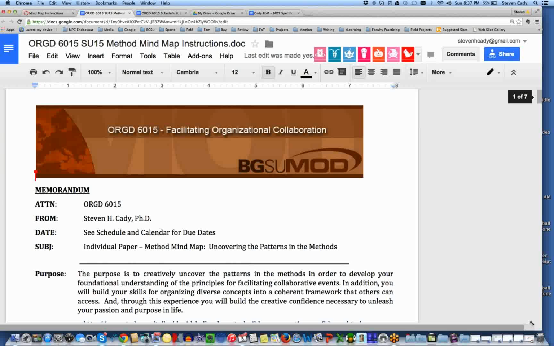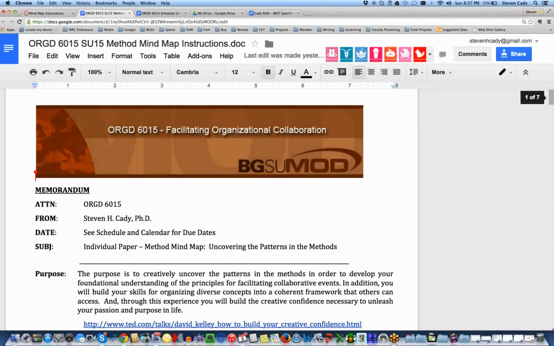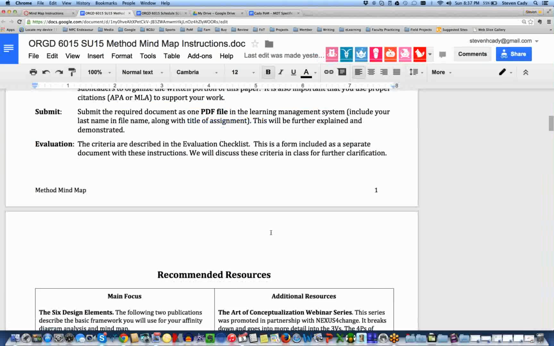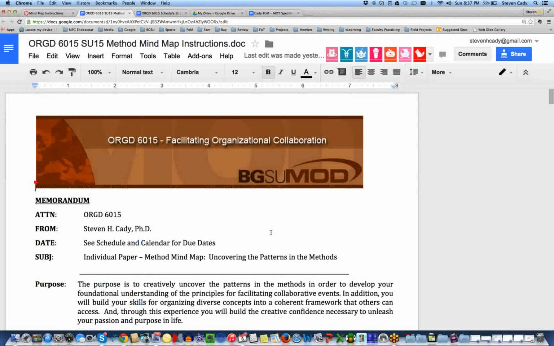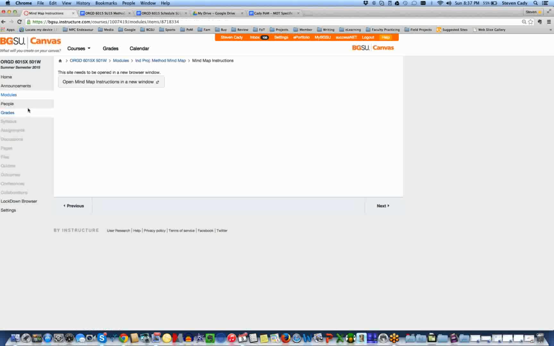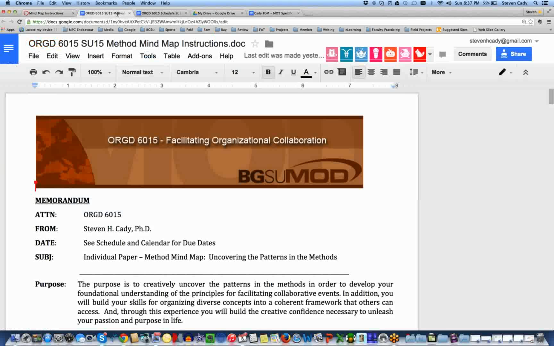The assignment, I want to preface it by saying it is a situated learning experience. And so when you look in the syllabus, you'll see some items in there related to situated learning. Essentially, you get a task and you learn in service of the task.